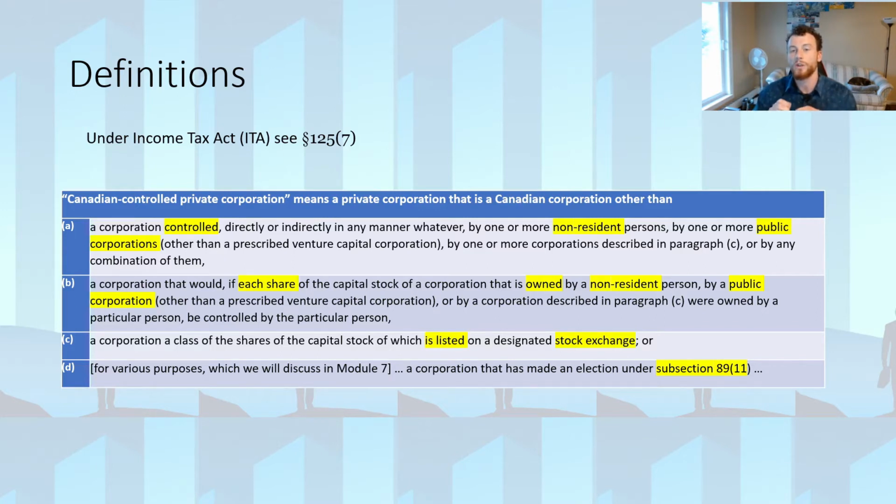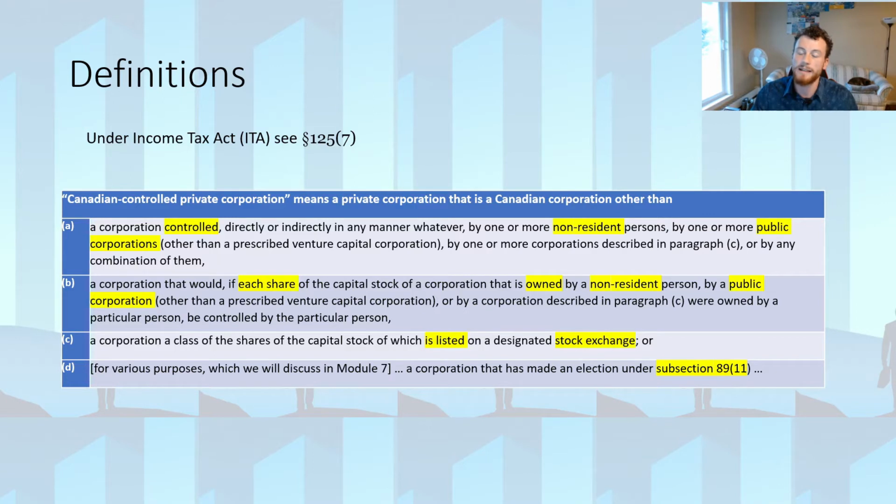So the corporation has to be a private corporation which is not controlled by a non-resident or by a public company. The private portion of it, the non-resident portion of it, wants the CCPC to be controlled by a Canadian entity, whether that be an individual or a Canadian corporation, and also not a public corporation.